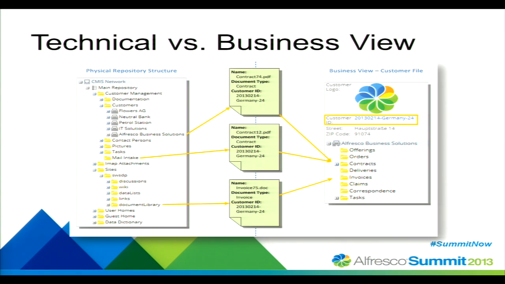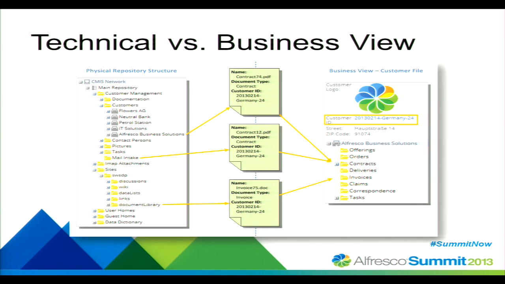So what you see on the left side again is that we have documents located anywhere, and just by this virtual folder structure, which looks really similar to a physical folder structure. The end user doesn't care whether it is virtual or physical. He just wants to have the information in place, at the right place.